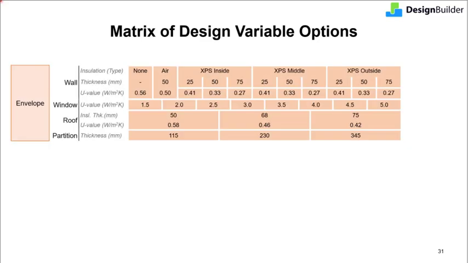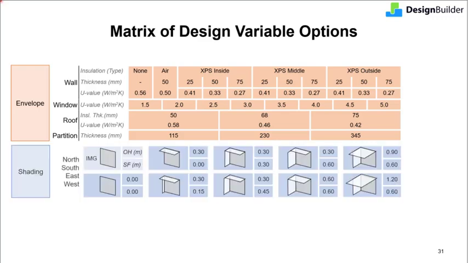Envelope variations explored options related to U-value, thermal mass, and covered walls, roofs, and windows. Shading is a low-cost way of reducing solar gains in place of high-performance glazing, and DesignBuilder's target option was used, and different shading combinations for different orientations were explored as design options.